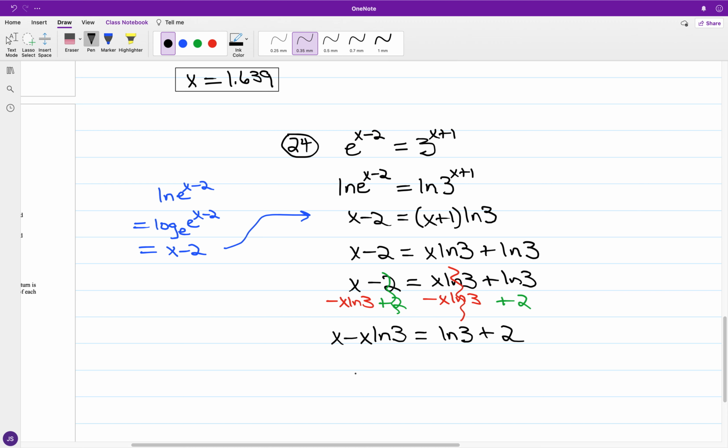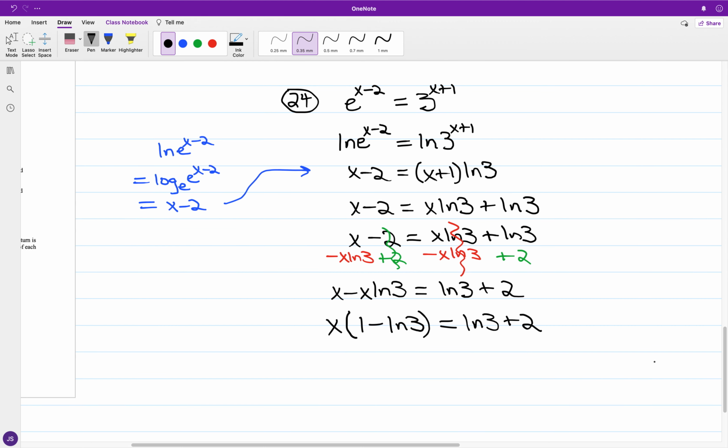Getting nearer to solving for x, for the difference of terms, we have a common factor with x. So I have x times the quantity of 1 minus the natural logarithm of 3, is equal to the natural logarithm of 3 followed by the addition of 2, and getting x by itself, by dividing by 1 minus the natural logarithm of 3.